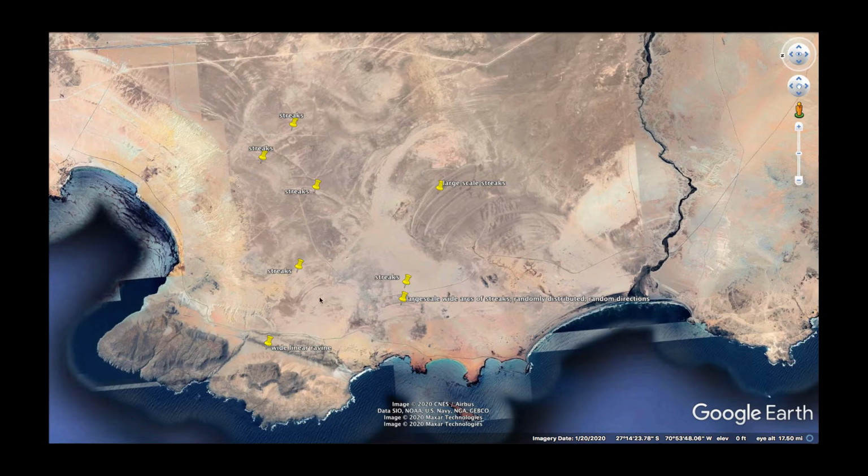This one doesn't seem to follow the coastline necessarily. It might, but stuff here as well. So yeah, that wouldn't necessarily be sheared flat.